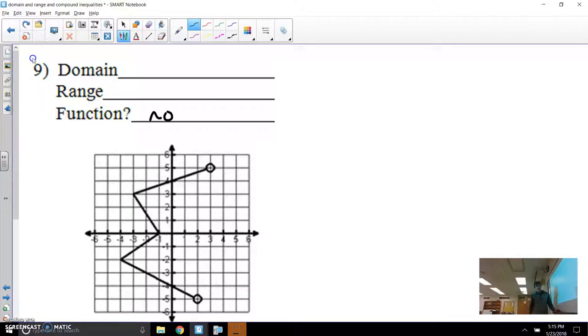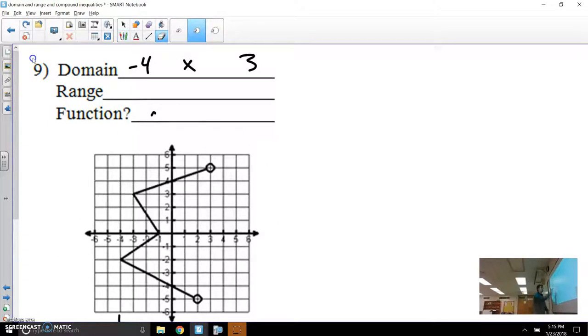Okay? And so when I start thinking about domain, again, that's left to right. So it looks like it goes as far left as -4, and it goes as far right as 3. So in terms of my domain, from -4 to 3, I've got my x value. So we've been talking about the open and closed dots.